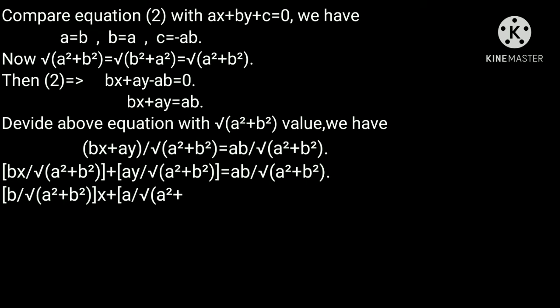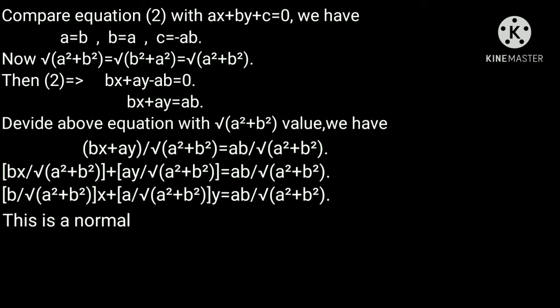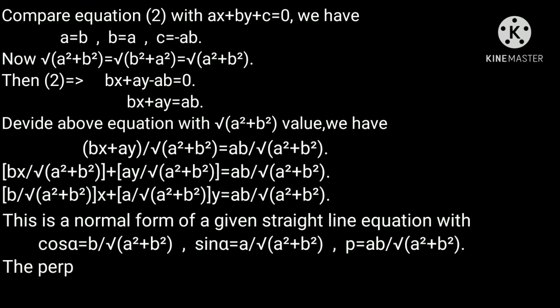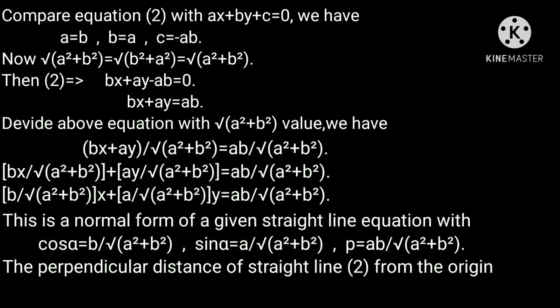From this, finally b by square root of a square plus b square into x plus a by square root of a square plus b square into y equal to ab by square root of a square plus b square. This is the normal form of the given straight line equation with cos alpha equal to b by square root of a square plus b square, sin alpha equal to a by square root of a square plus b square, and p equal to ab by square root of a square plus b square.